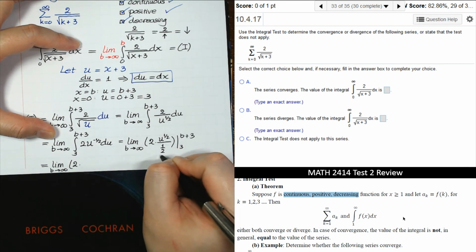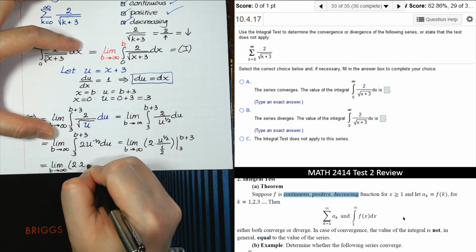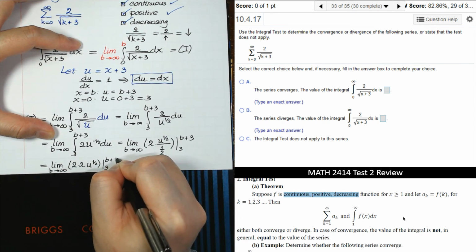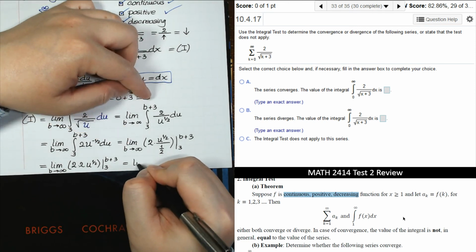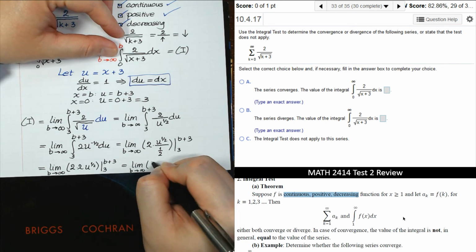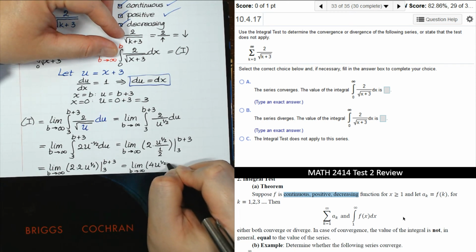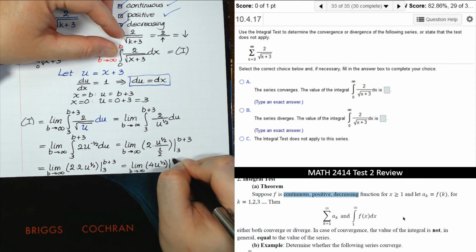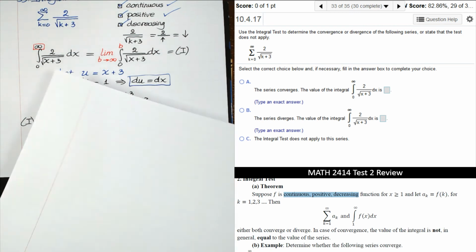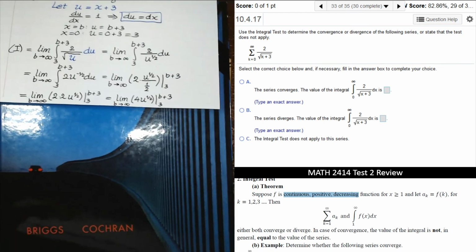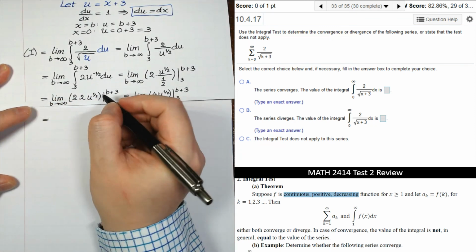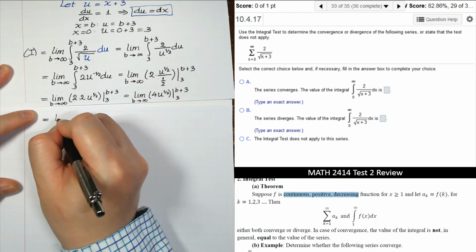Multiply by the reciprocal, divide by 1/2 is multiplied by 2. Almost there. For u to the 1/2, 3 to b plus 3. Put in b plus 3.